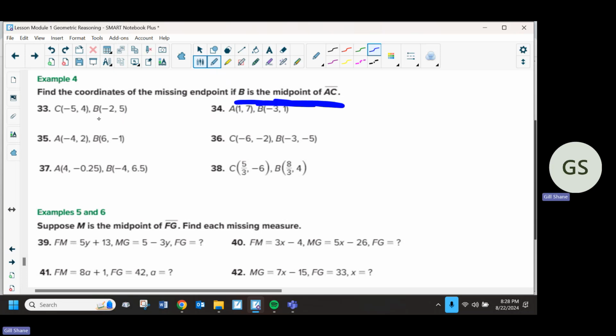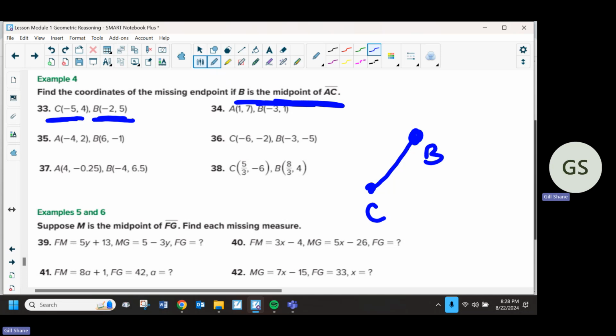They say B is the midpoint, and C is one of the end points. So it's kind of like this. They have a line on a graph and it goes from -5 comma 4 to -2, something like that. This is the end point. This is the midpoint.